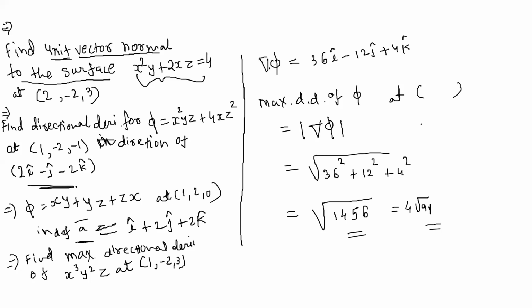Here you will not be given in the direction of vector a bar, because maximum directional derivative of the function can be obtained in its own direction. The maximum directional derivative is obtained in the direction of nabla phi itself. Let me show you how.